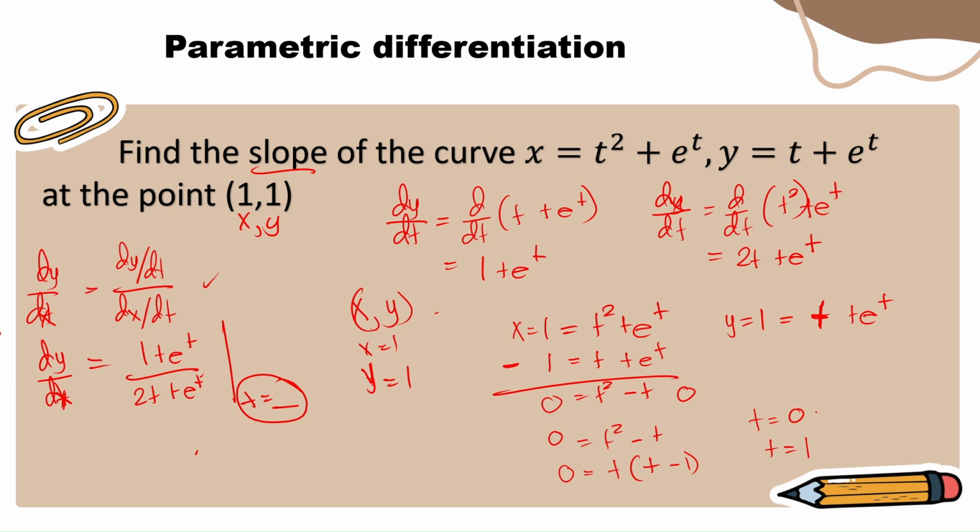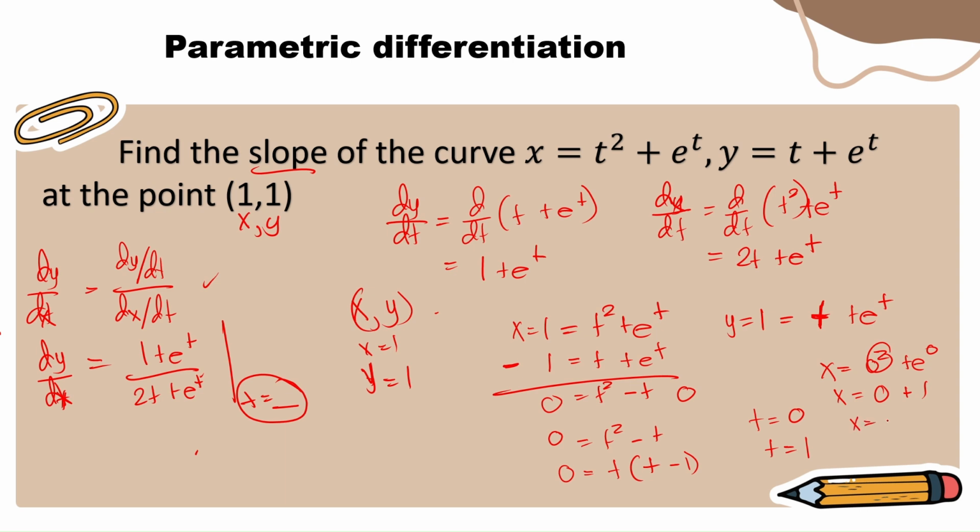So, pag sinubstitute ba natin dito si 0, tama ba na t na 0, makukuha ba natin that x is 1? So, x is equal to 0 squared plus e raised to 0. This one is 0, but e raised to 0 is 1.